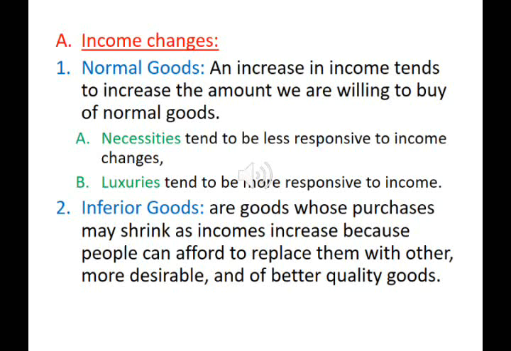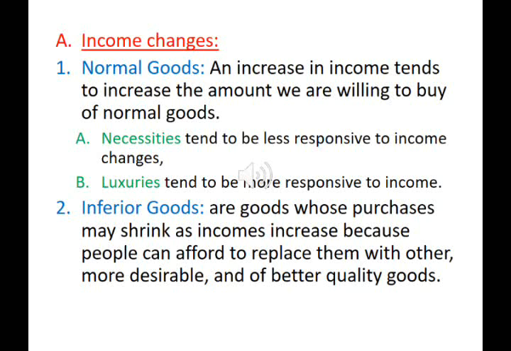These are goods where an increase in income tends to increase the amount we are willing to buy of these goods, i.e., an increase in income will result in a rightward shift in the demand for normal goods. However, the other type is inferior goods, which are goods of low quality. Here we find that an increase in income will cause a leftward shift in the demand for inferior goods.